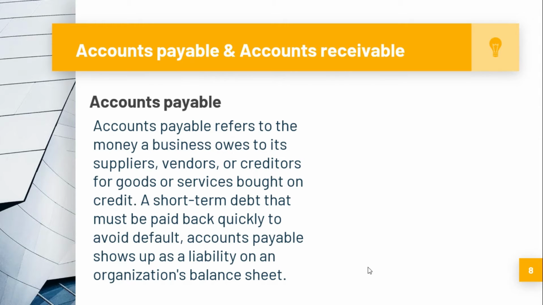It is a short term debt that must be paid back quickly to avoid default. Accounts payable shows up as a liability on an organization's balance sheet. Since we owe money to our suppliers, it is a liability for us.